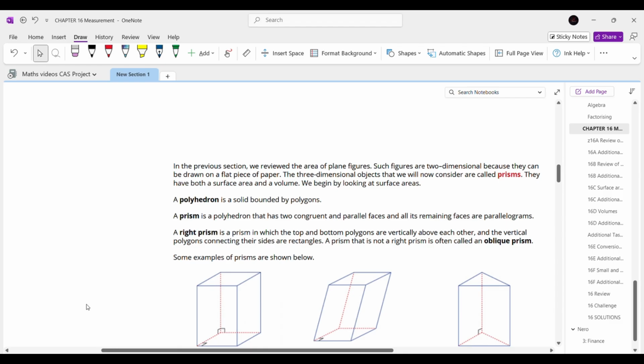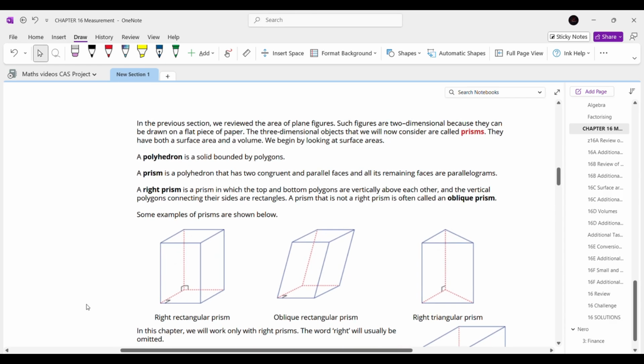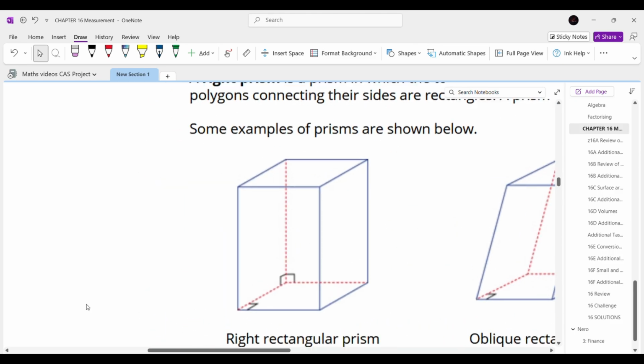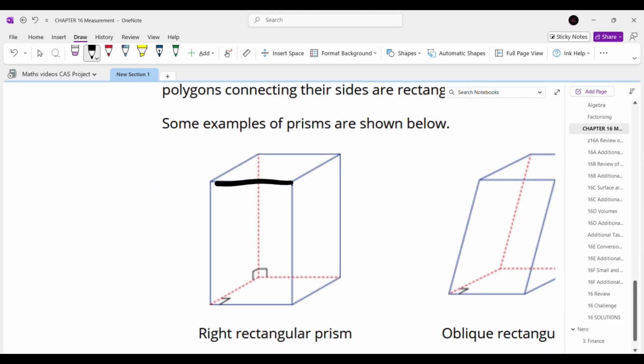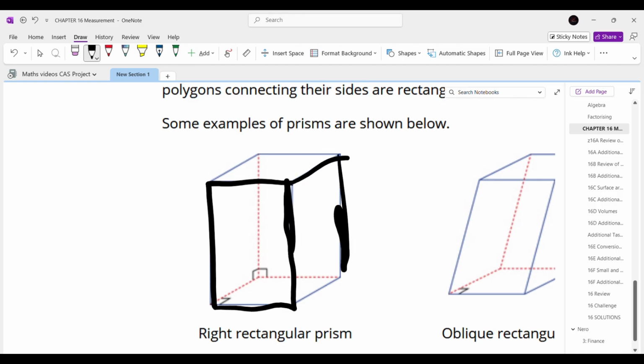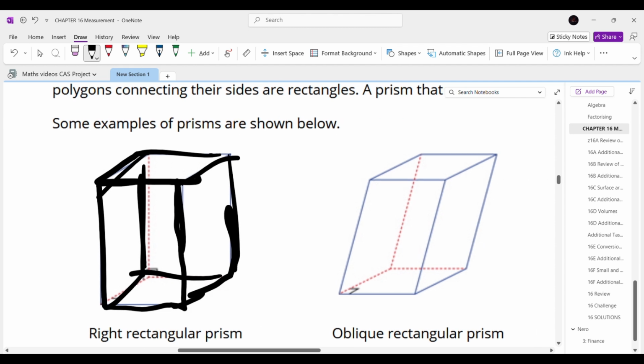Now, when you're trying to find the surface area of certain 3D objects, like a prism, what you want to do is sum up the areas of all of these individual faces. And usually in prisms, they'll have 6 faces. But what can you notice about some of these prisms?